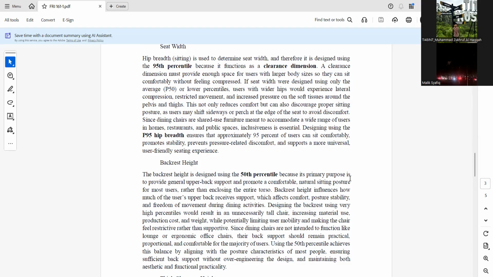If the seat were designed using the 50th or fifth percentile, users with wider hips could experience restricted movement and increased pressure on their soft tissue, which could reduce their comfort and discourage them from using a proper sitting posture.